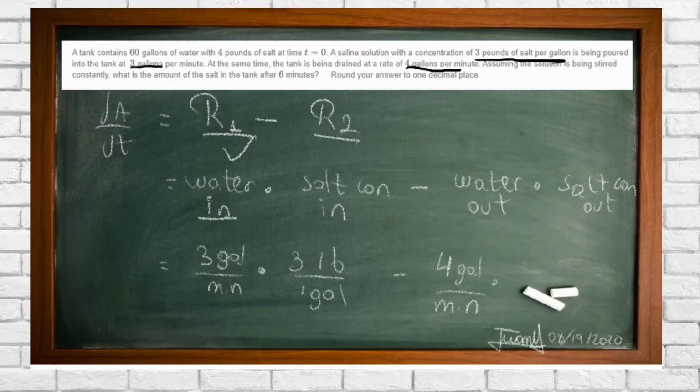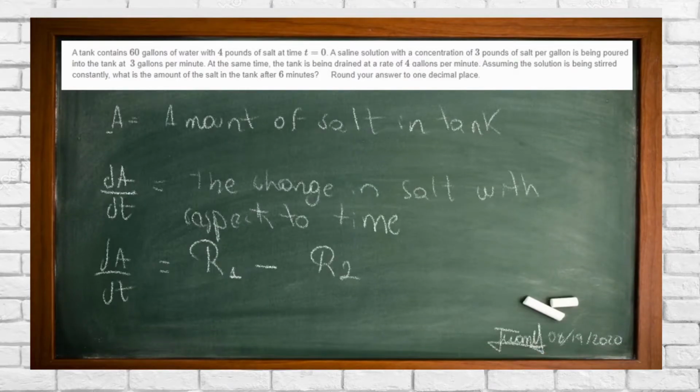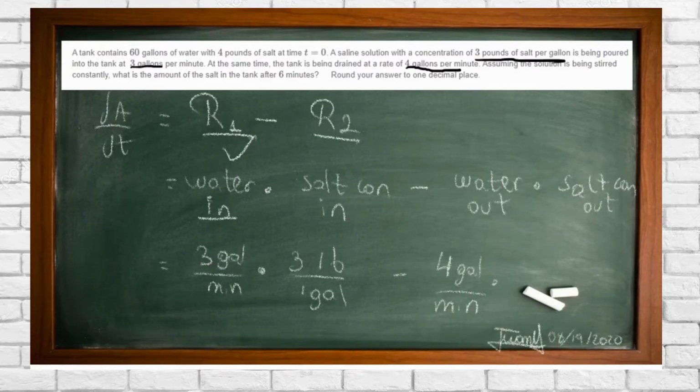But we already defined what A is. It's the amount of salt in the tank. So we can write the concentration as A, the amount of salt in the tank, divided by the entire volume of the tank.